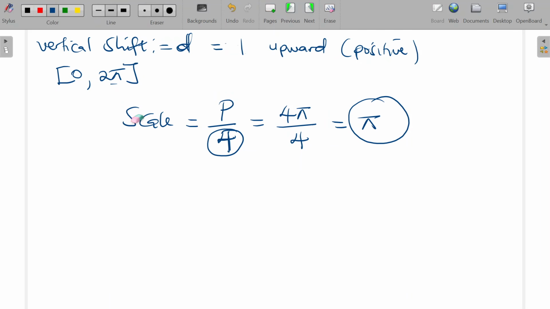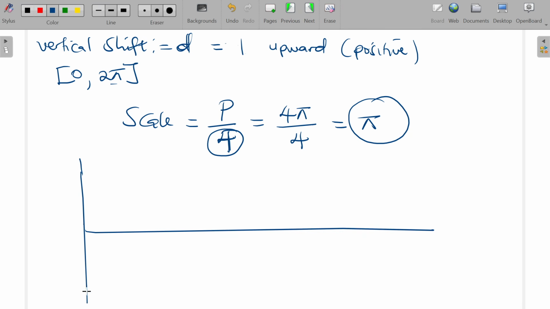So what you're going to do now is that you have the sine graph. This is your normal sine graph, which goes like this. This is another important thing that you need to have. Here there is 90, here there is 180, here there is 270, here there is 360 or 2 pi.